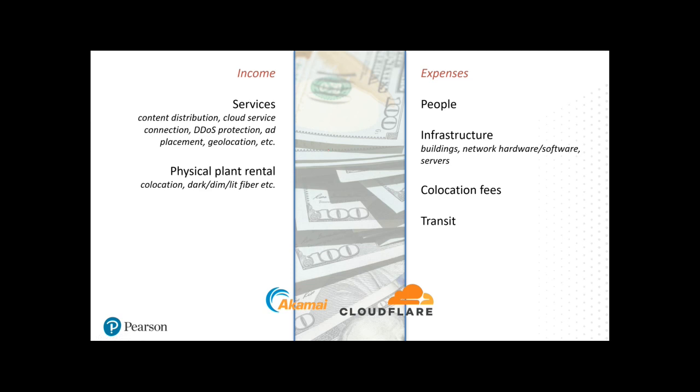So dedicated CDN services like Akamai and Cloudflare, the two that I give here, Fastly is another one, make their income off of content distribution, cloud service connections, DDoS protection, ad placement, geolocation, and etc. They can also get income off of colocation and dim and dark fiber for their own networks, because a lot of these companies run global networks that are extensive and have a lot of bandwidth.